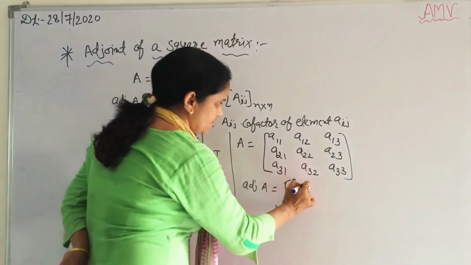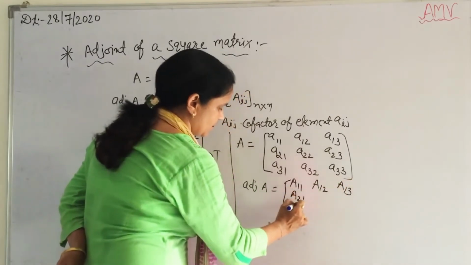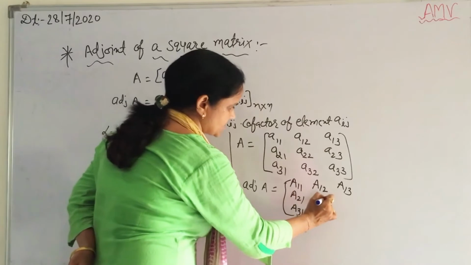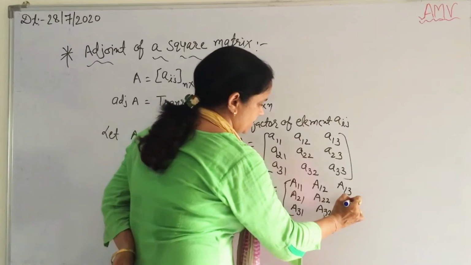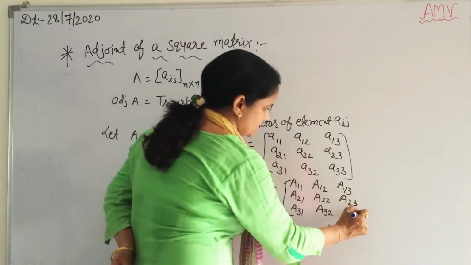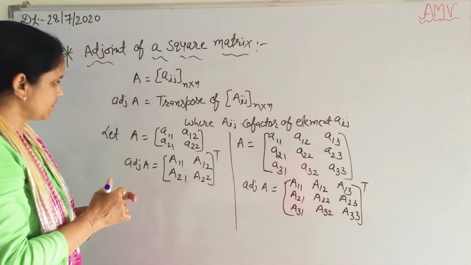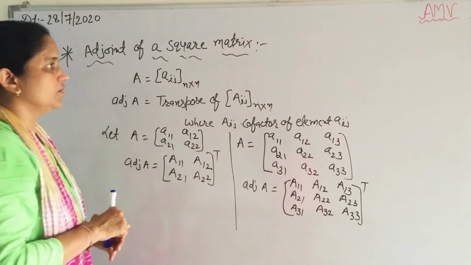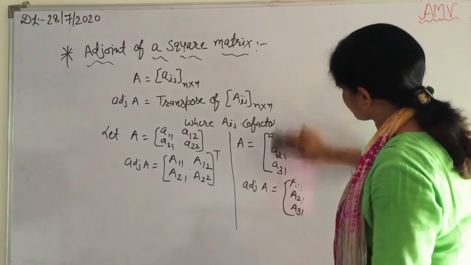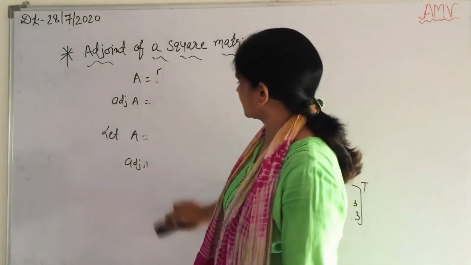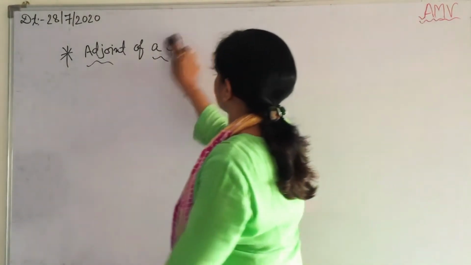So it is A11, A12, A13; A21, A22, A23; A31, A32, A33, and its transpose. Okay, so it is the adjoint. And now the related concepts of this adjoint. I will do some questions also, students, but first I am taking the concept only. Try to understand the concept.